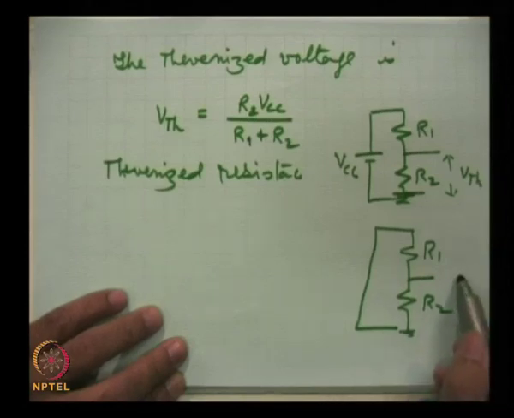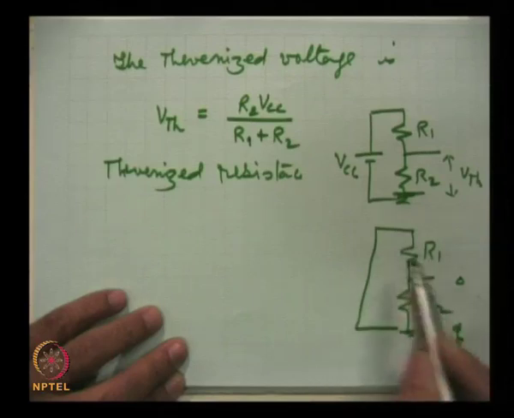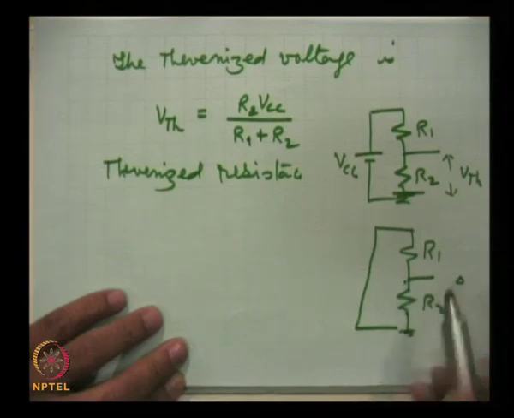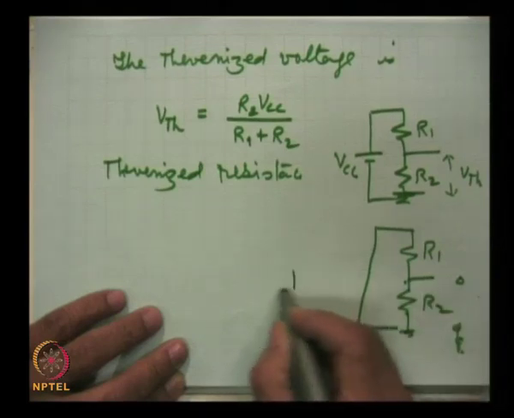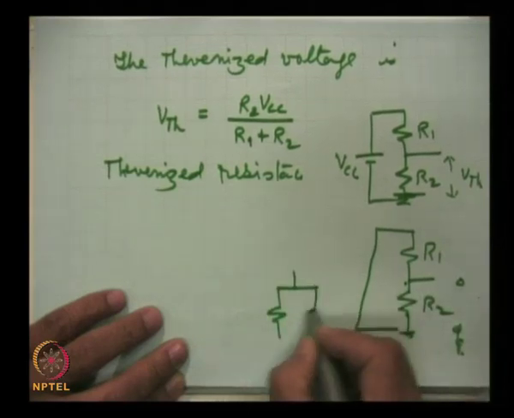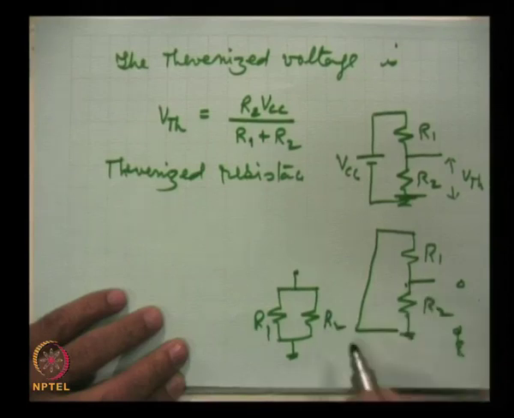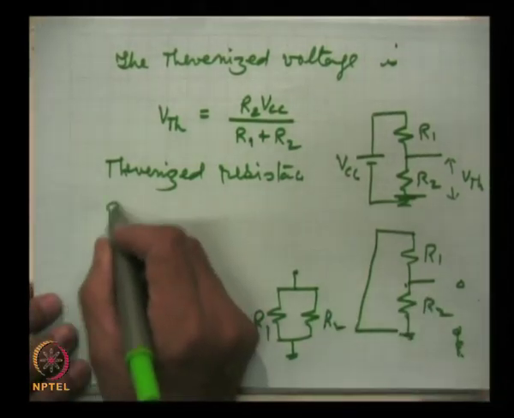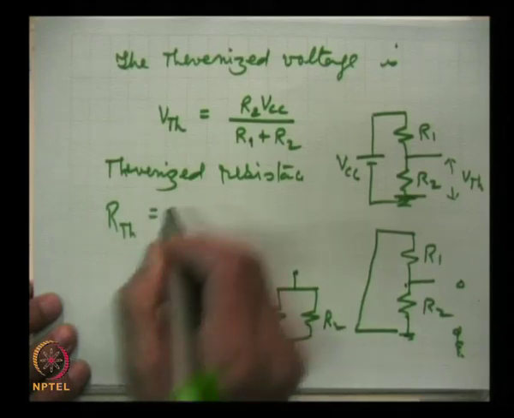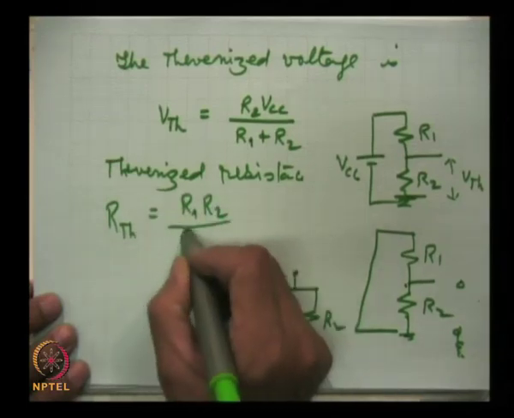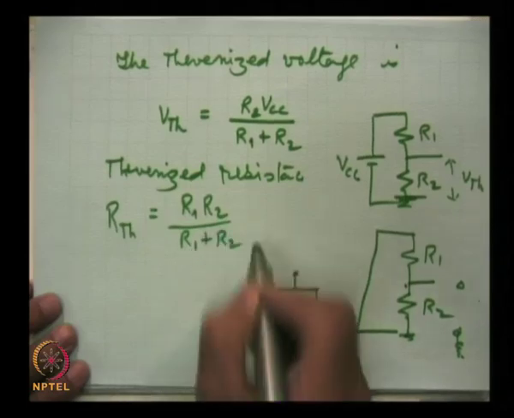As far as this point and ground is concerned, these two resistances are in parallel. This is grounded, this is grounded. So, R1, R2 are in parallel, and RTH is equal to R1 R2 by R1 plus R2.